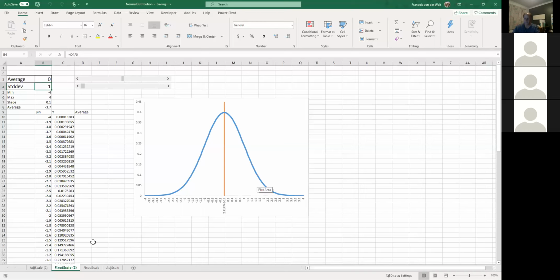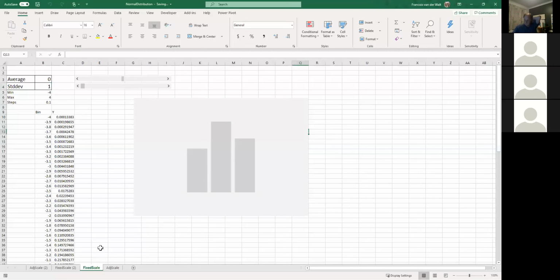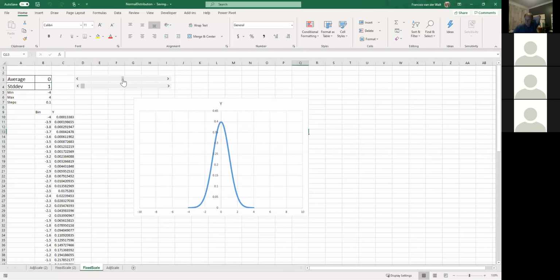Now I've got a different version of it. For instance, here, if I use a fixed scale, so even though I vary this, the scale of the graph stays the same. And it sort of gives you another view, you can now see as I move the average or mean, the graph moves to the right, or if I move it the other way, it moves to the left.